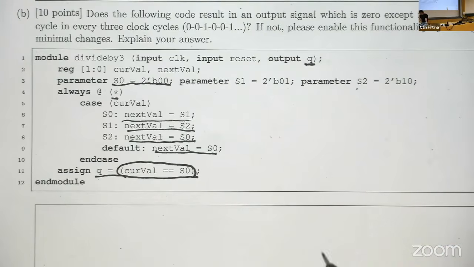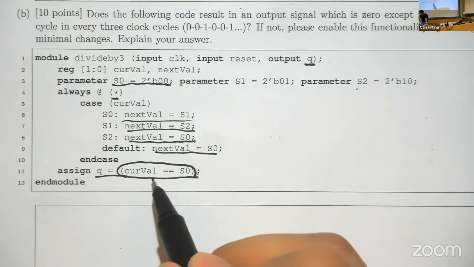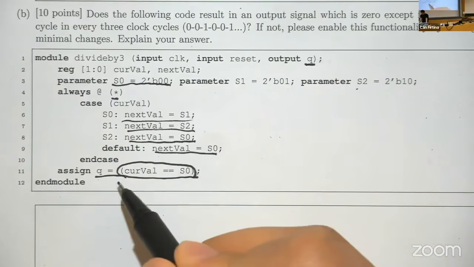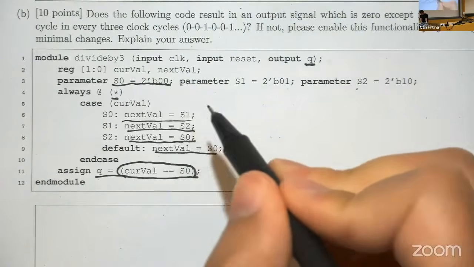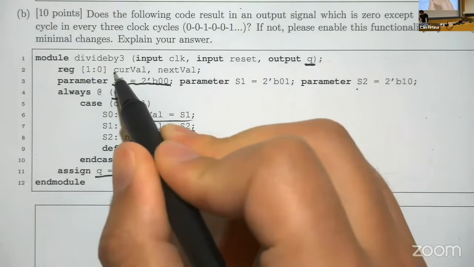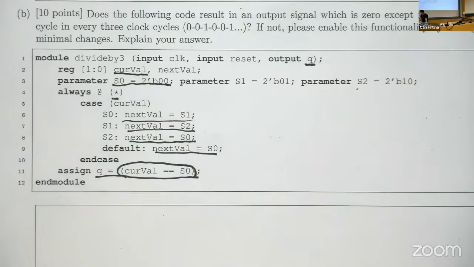But the problem is, you can see that when the current value is S0, Q becomes 1. But current value is only declared here, and there are no assignments to it. So this is supposed to be a state register, but the code that will make it a state register is missing.